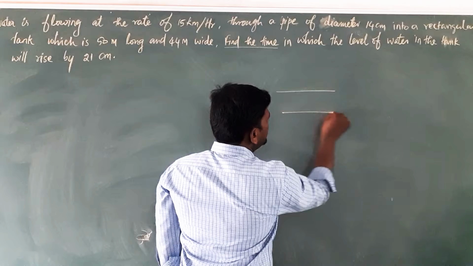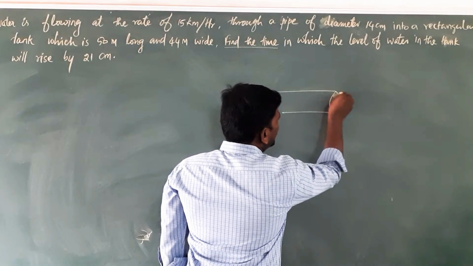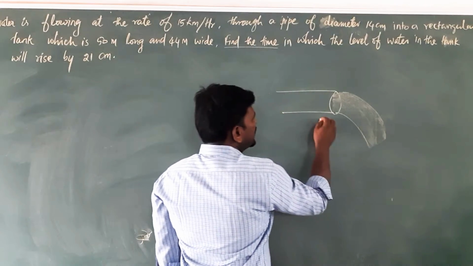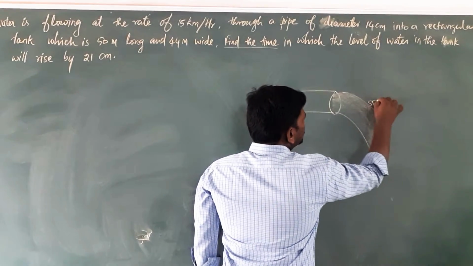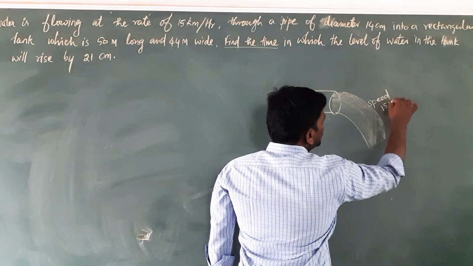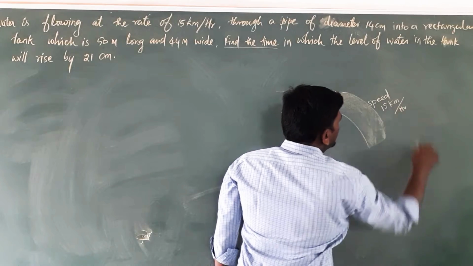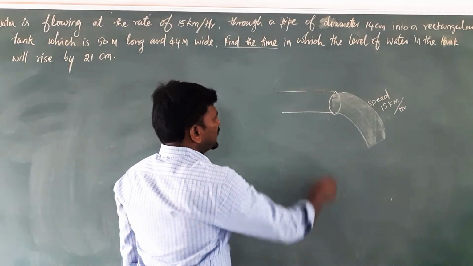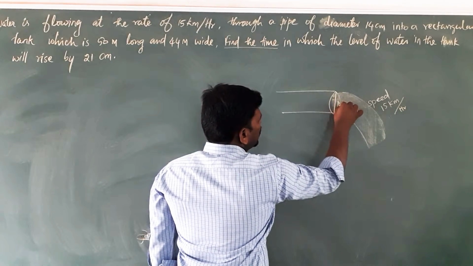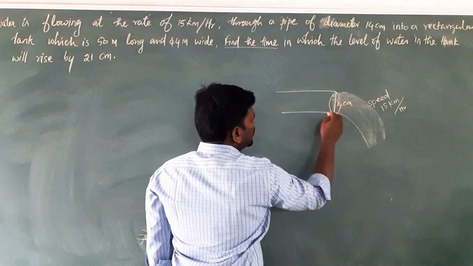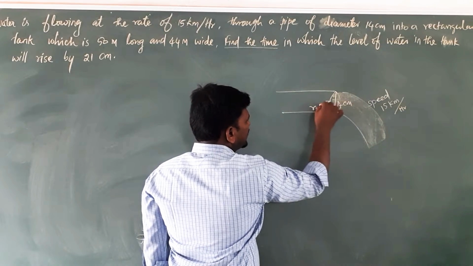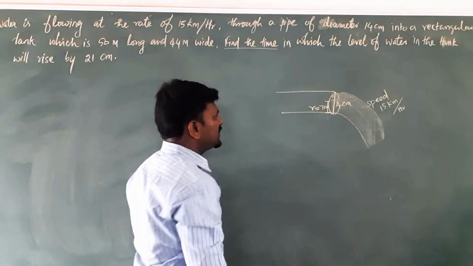So, there is a pipe, from the pipe water is flowing, the speed of the water, it is given 15 kilometer per hour. Okay. Then the diameter of the pipe is 14 centimeter. So then what about the radius? Radius is half of the diameter, so 7 centimeter.